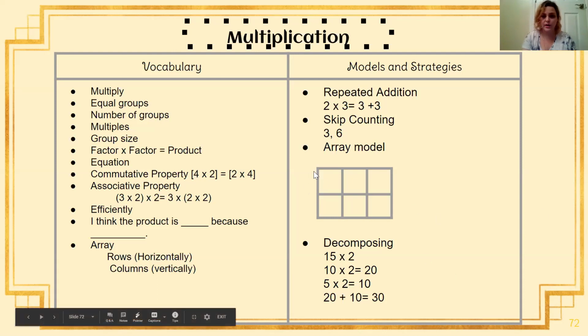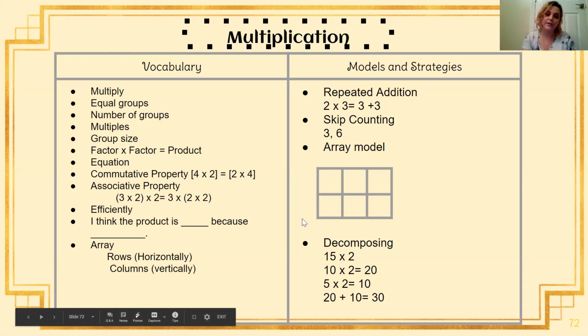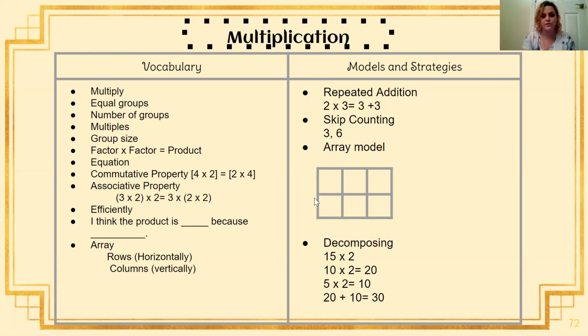For example, I have my array here, very similar to what you're going to do in 4th grade, which we say array, also area model. This would be our height, so we have 2, and then our width would be 3, so 2 times 3 would give us 6. And one strategy we've been really pushing for is decomposing.